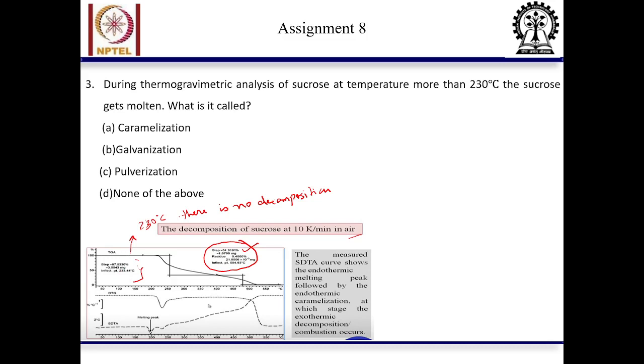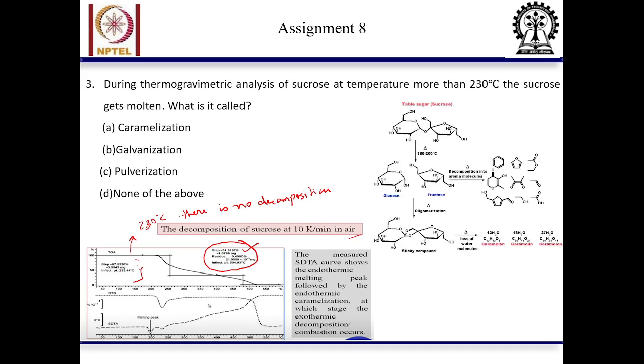So what is caramelization? I will just tell you. Caramelization of sucrose basically produces large brown color molecules along with some small volatile molecules, like furan, maltose, and diacetyl.